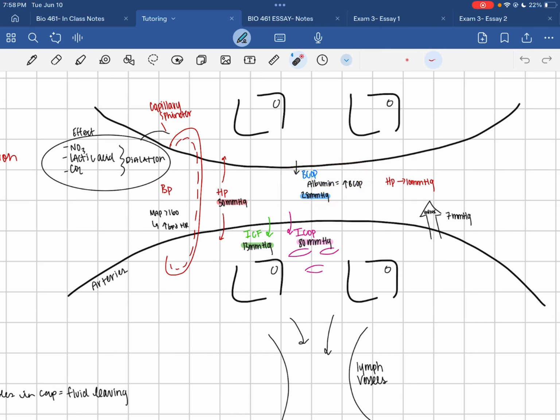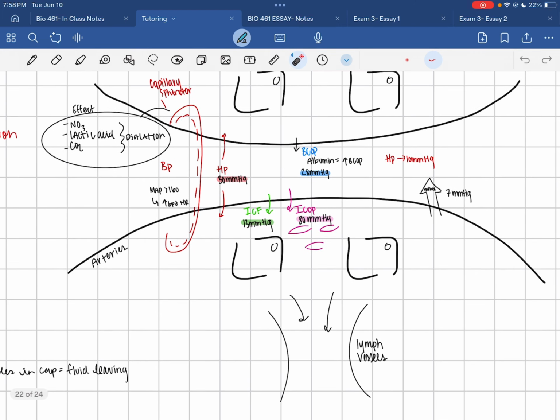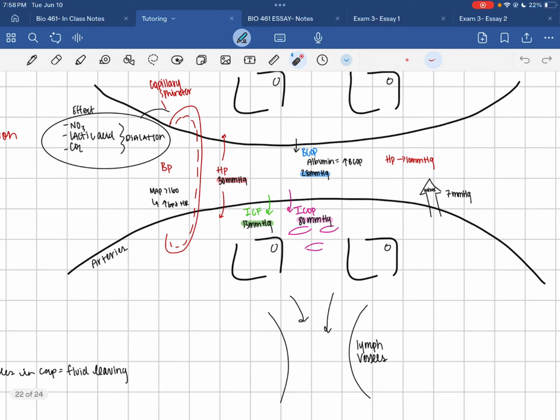So with our albumin, we have these little plasma proteins out here that are basically albumin, but they can't pass through the capillary walls.